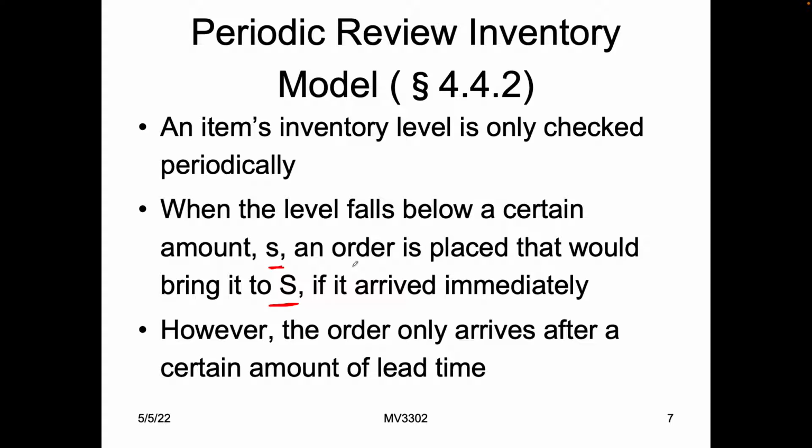The extra wrinkle, to be a little bit more realistic, is that if I place an order, it's only going to arrive after a certain amount of time. And that's true even if it's Amazon. If I order from Amazon, actually things are coming the next day these days. But in some of the Navy items, the lead time for these things is literally years, which kind of boggles my mind.